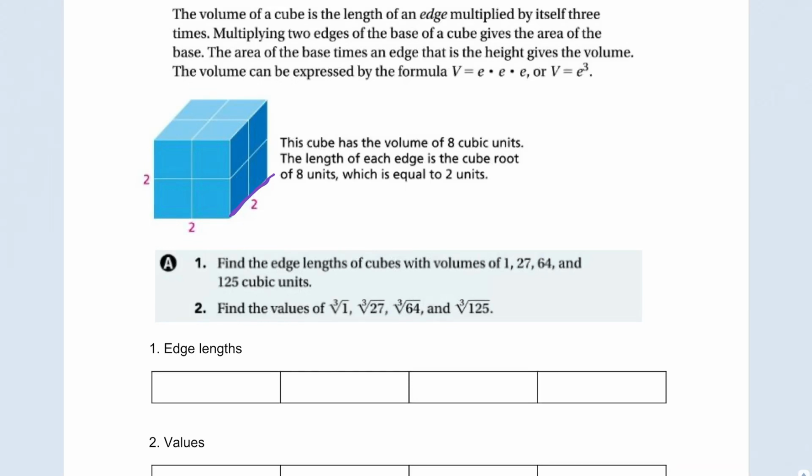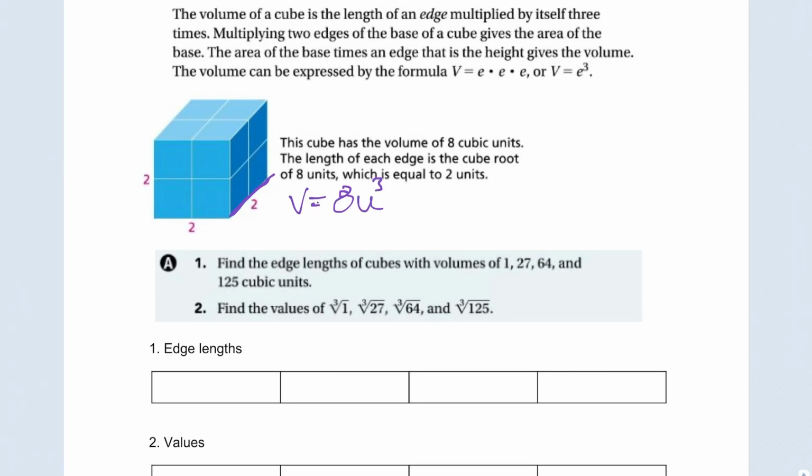So let's write this in more of algebraic terms here. So they tell us, and please excuse my writing here, my Apple Pencil is dead, so I'm using a different stylus. So bear with me. All right, so they tell us that the volume is equal to 8 cubic units.